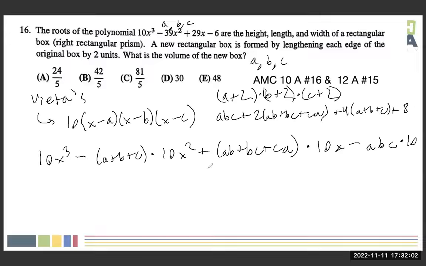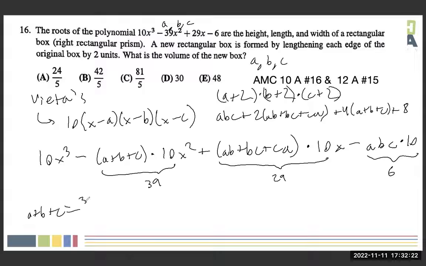And now we can just solve it because we know that this coefficient here, we know that this value is 39. Yeah, that value is 39. This value is 29, and this value is 6, which gives us that A plus B plus C is 39 over 10. AB plus BC plus CA is equal to 29 over 10.